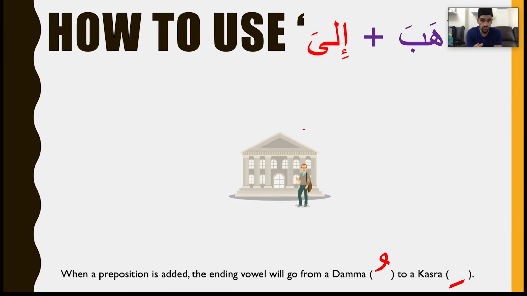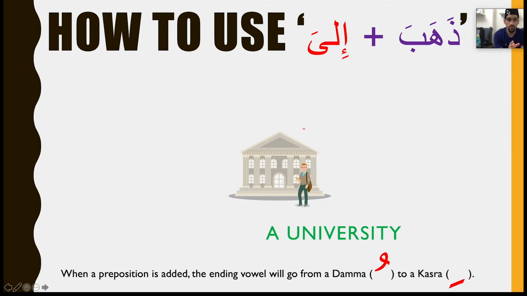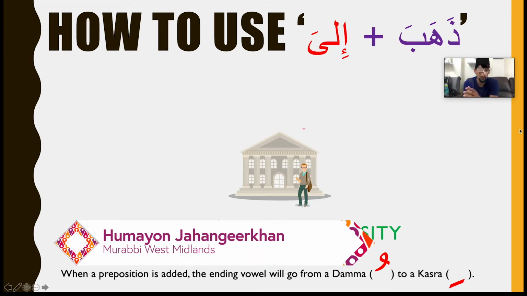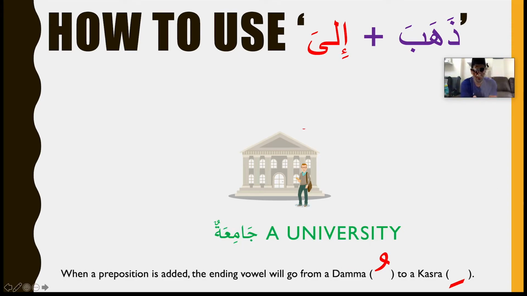Now we're going to put both of them together: dhahaba and ila. Dhahaba meaning he went, and ila meaning to. Here we have a university. The word for university, as we learned at the beginning, is jami'atun.